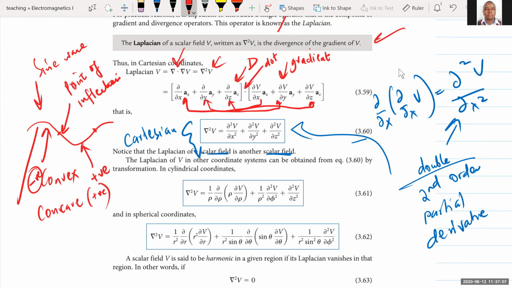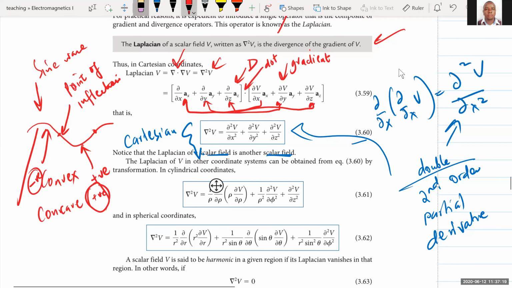But that is simply what the Laplacian operator tells you. If you have a field, which we are going to be dealing with sufficiently in electromagnetics, a field that is three-dimensional, then there are times when the field is convex and then at some point it becomes concave.